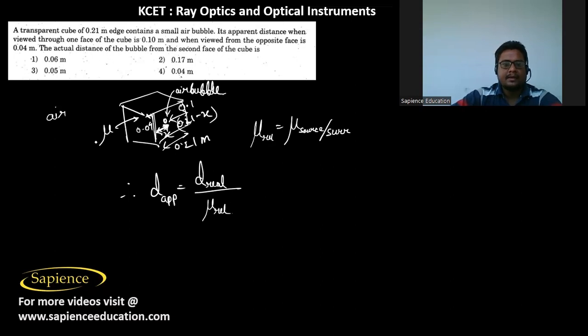So here outside is air and inside the refractive index is mu, so mu relative is mu only.